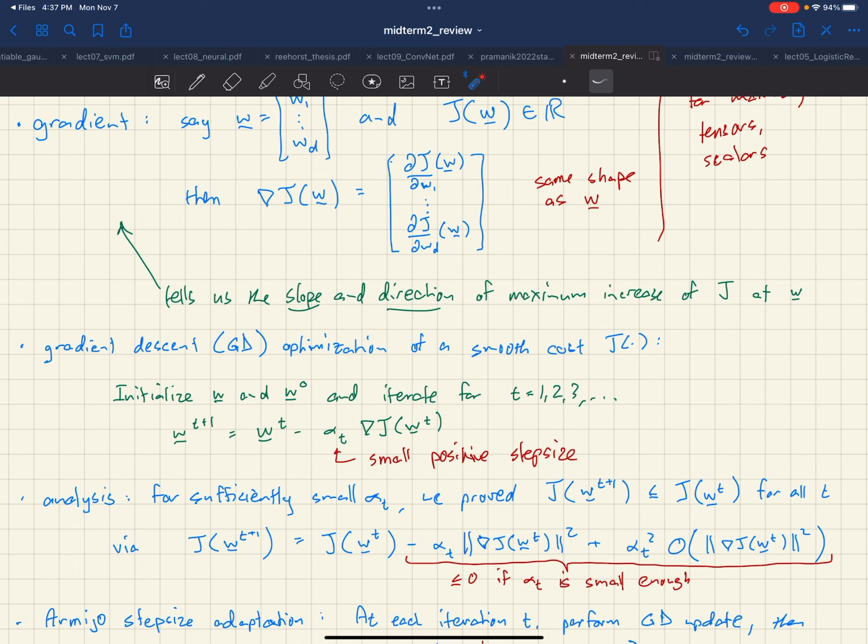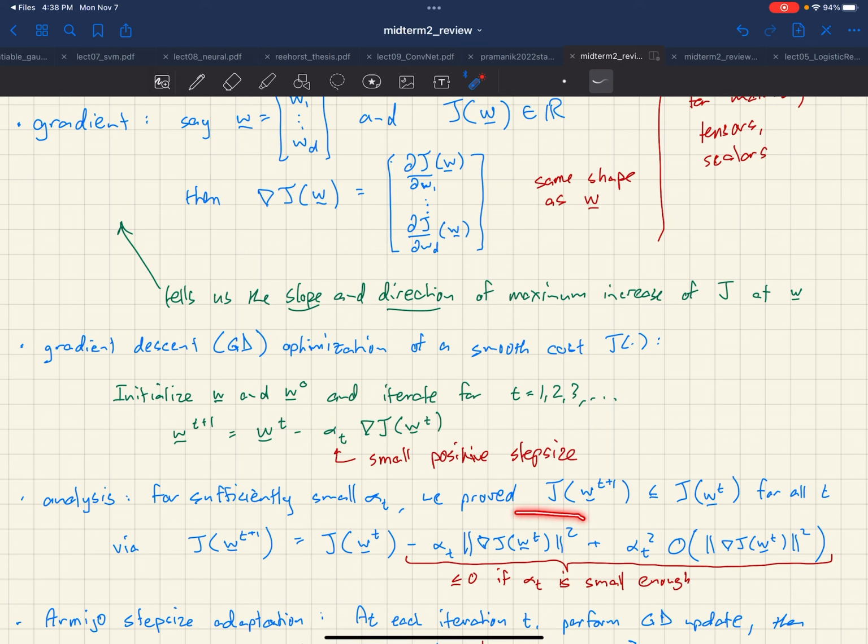The way that we proved this is we looked at some expressions for the cost. We applied some Taylor series approximations and this big O, which is sort of an order analysis term. And we showed that the new cost equals the old cost plus a negative term and a positive term. So overall, to make progress, we want this whole thing to be negative.